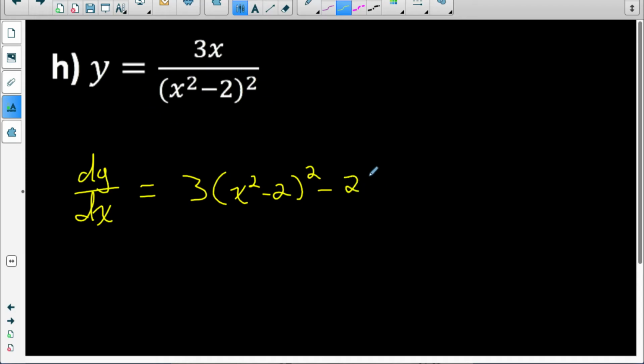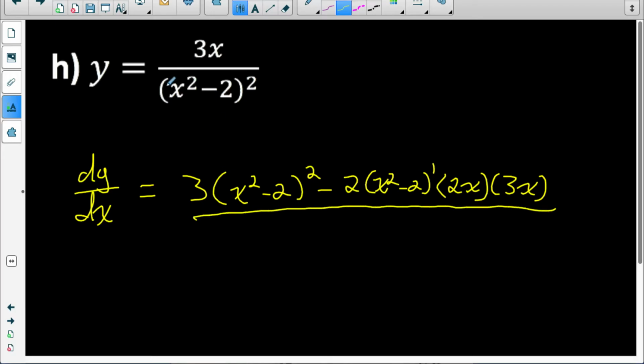So bring the exponent down, leave the base the same, reduce the exponent by 1, and that needs to be multiplied by the derivative of the inside function. The derivative of x squared minus 2 is 2x. And so that's the derivative of the denominator, but that then has to be multiplied by the function in the numerator, so by 3x. And that gets put all over the denominator squared. So all over x squared minus 2 squared.